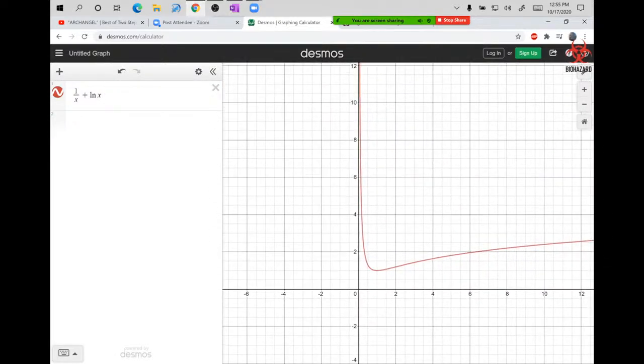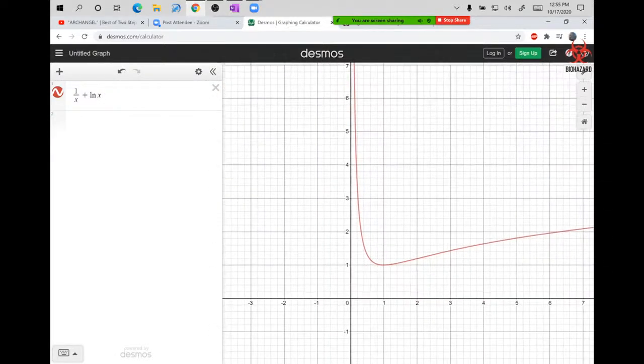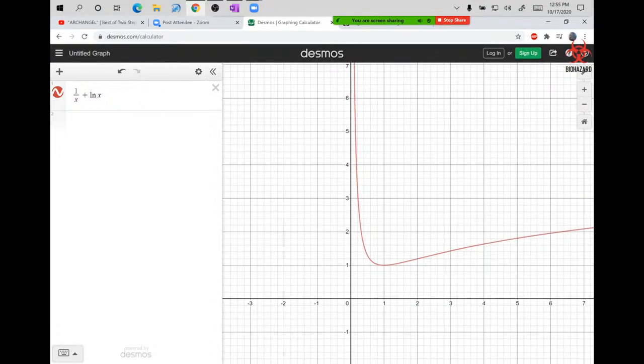We already see everything. There is no line to the left of the y-axis, and you can see clearly 1, 1 has a minimum because the function goes up from that point on.